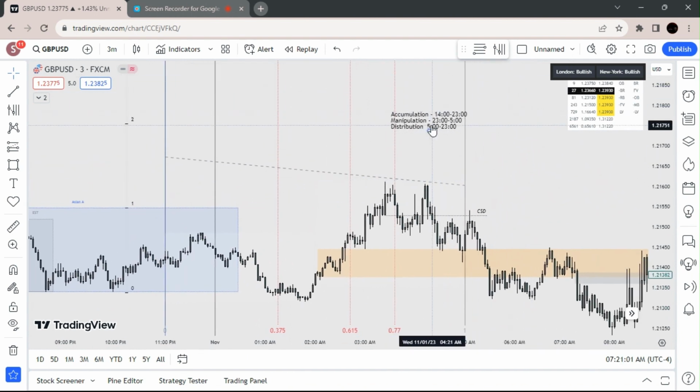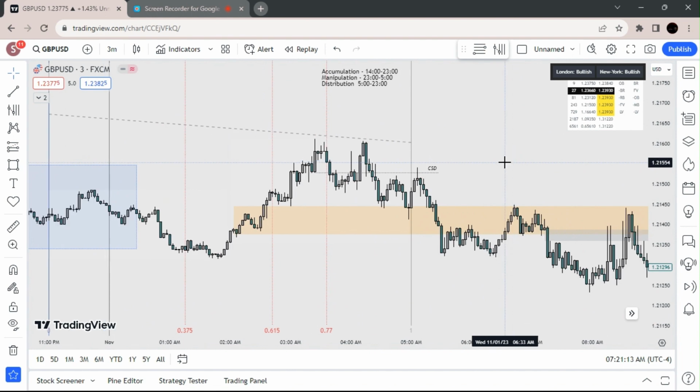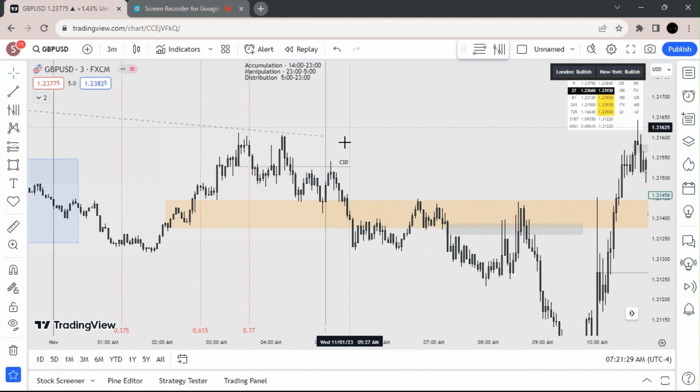And obviously, as you guys know, manipulation is a fake move. So with me trading the manipulation session, I'm looking for that fake move before the distribution real move, okay? Now, or I'll trade towards the end of our manipulation session into our distribution session, because normally towards the end of manipulation, price will go in the direction that distribution wants to go in.